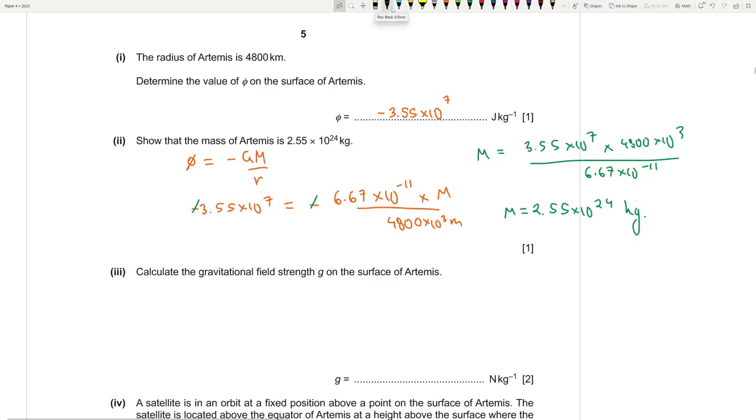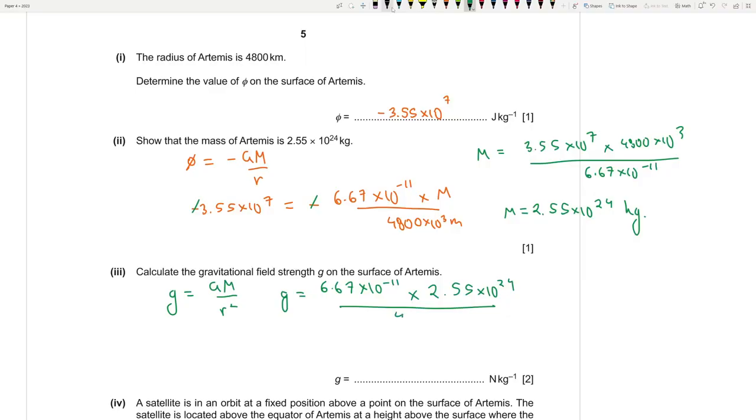Calculate the field strength on the surface of Artemis. What's the formula for field strength? Field strength is equal to GM by R squared. So G is 6.67 into 10 to the power minus 11 times 2.55 times 10 to the power 24, divided by R squared, which is 4800 times 10 to the power 3 whole squared.